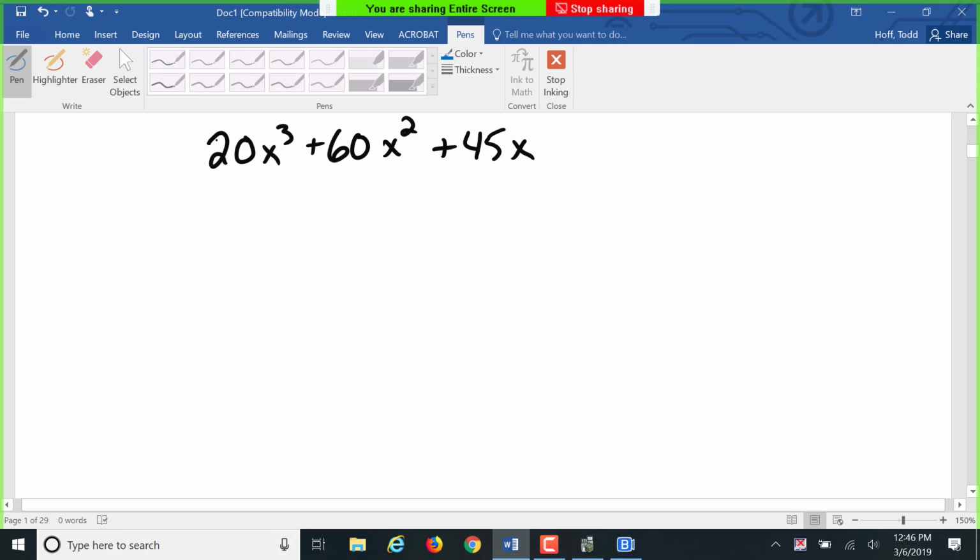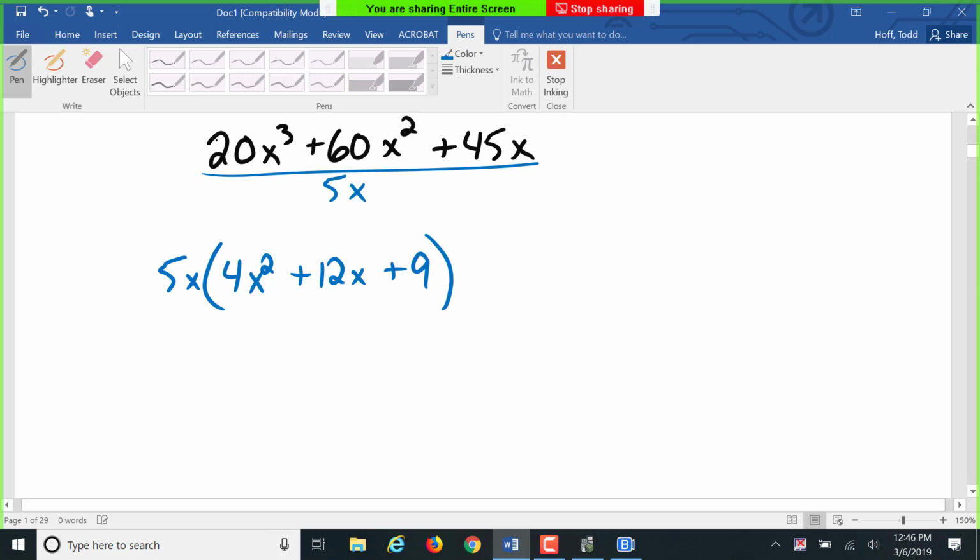First thing we notice here, of course, is that we can take out a 5x, a common factor. So we divide that by 5x, what is left? 4x squared, what's next? Plus 12x plus 9, good.